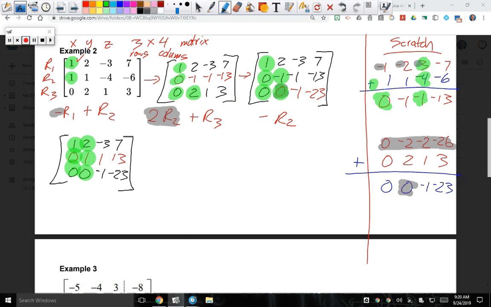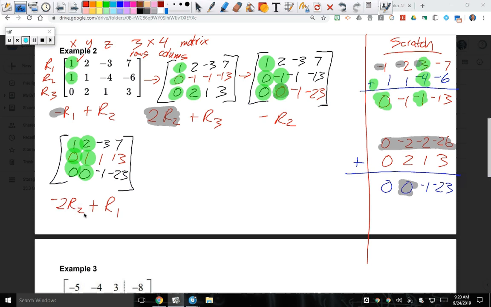Now I got to change this 2 into a 0. So here we go. I know I'm going to end up adding something to row 1 to make this happen. Again, my goal is to make that 2 into a 0. You tell me, what could I do? You could add negative 2 times R2.